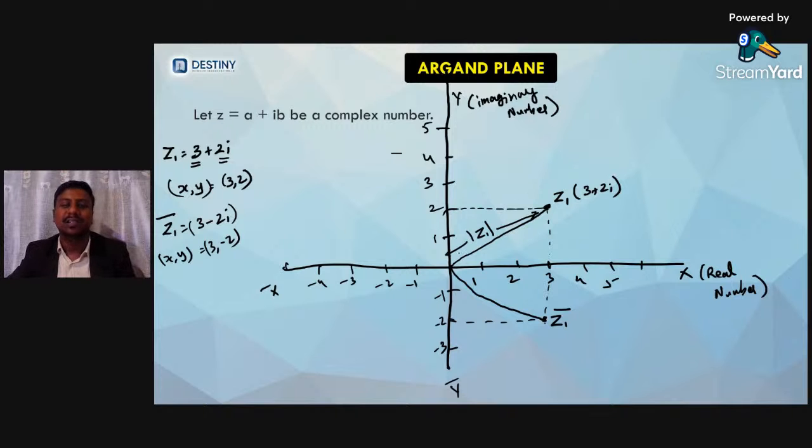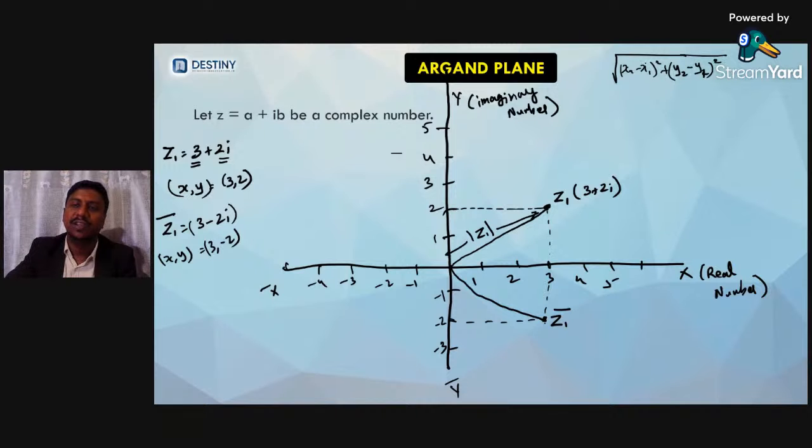Length of line, what is it? Square root of x2 minus x1 whole square plus y2 minus y1 whole square. This is what we studied. In coordinate geometry we have studied about length of line. Here what is x2? 3, y2 what? 2, x1 y1 0.